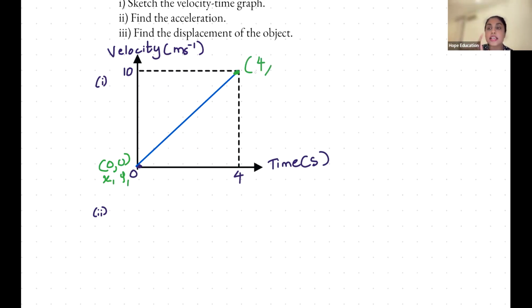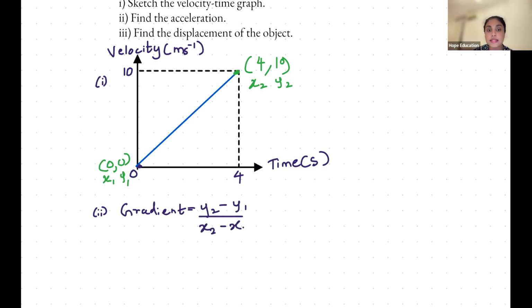So 4 is the x value of the second point, so it's x2. 10 is the y value of the second point, so that is y2. So I have x1, y1 and I have x2, y2. So I can easily calculate the gradient. Gradient equals (y2 minus y1) divided by (x2 minus x1).